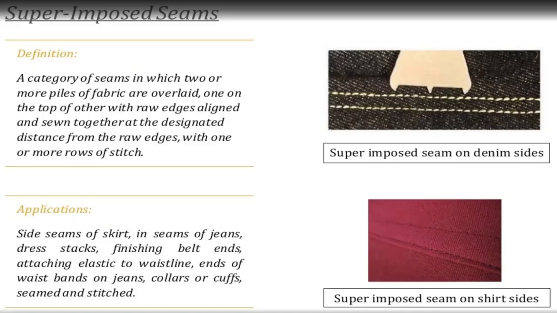Superimposed seams, a category of seams in which two or more plies of fabric are overlaid, one on the top of the other with raw edges aligned and sewn together at the designated distance from the raw edges, with one or more rows of stitch. Applications: side seams of skirts, inseams of jeans, dress stacks, finishing belt ends, attaching elastic to waistline, ends of waistbands on jeans, collars or cuffs, seamed and stitched.